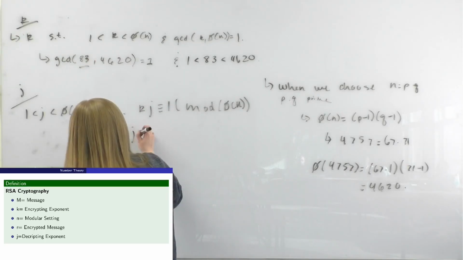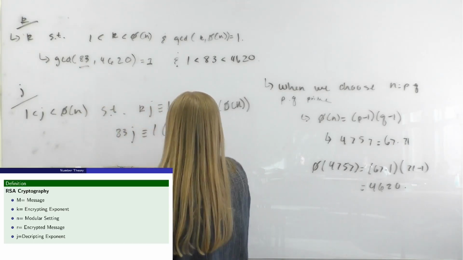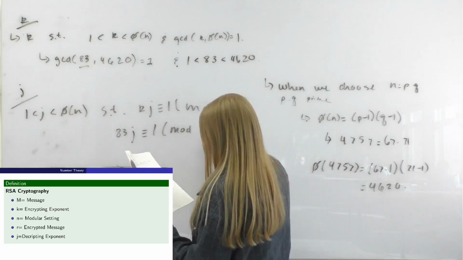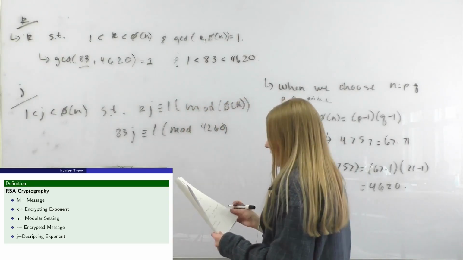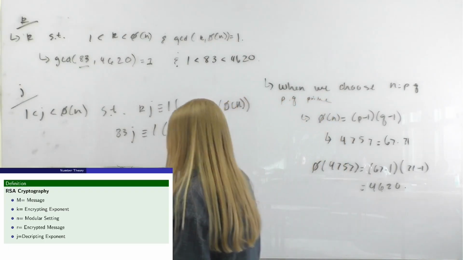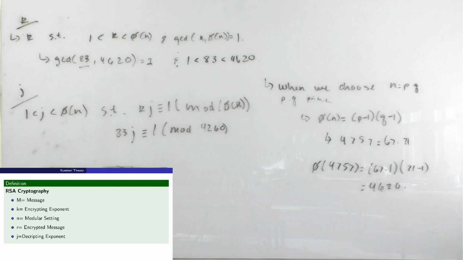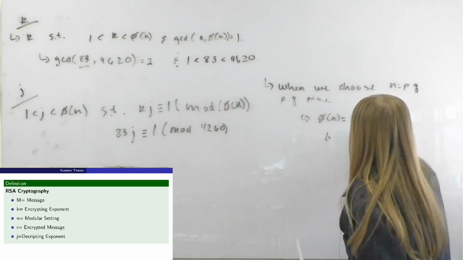We're going to multiply it by j, and we want to pick this j such that 83 times j is congruent to 1 mod 4,260. So how do we do this? It comes back to Euclid. He's really doing a lot for number theory.